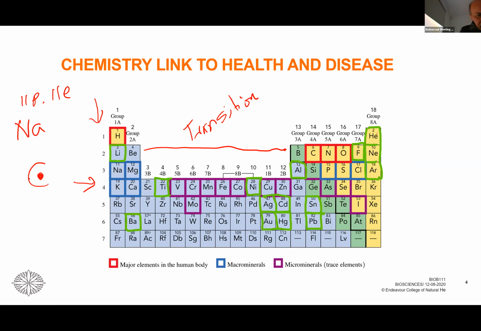Outside the nucleus is shell number 1. How many electrons can it take? 2. I'm going to show 2 electrons there. Now 11 take away 2, you have 9 now, right? Next shell, 1, 2, 3, 4.